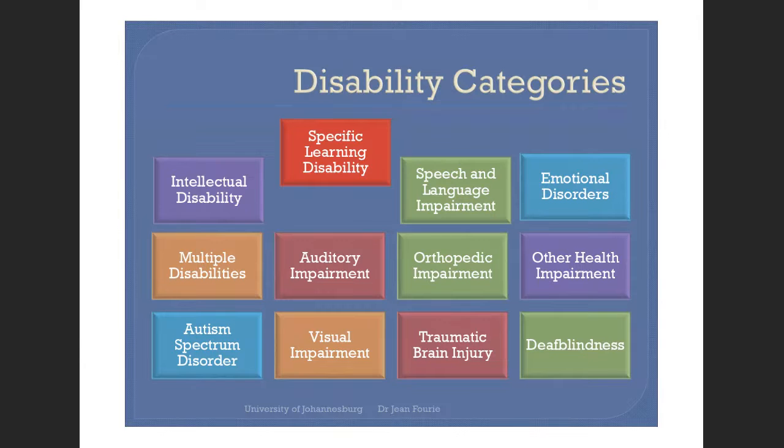There's intellectual disability, people can have multiple disabilities, autism spectrum, visual impairments, auditory impairments, difficulties with speech and language, difficulties with orthopedics, physical problems, walking with feet and arms, traumatic brain injury where the brain has really been severely damaged, emotional problems, various different ones, depression and anxiety and so on, and a plethora of health impairments, cancers, and childhood epilepsy and so on.